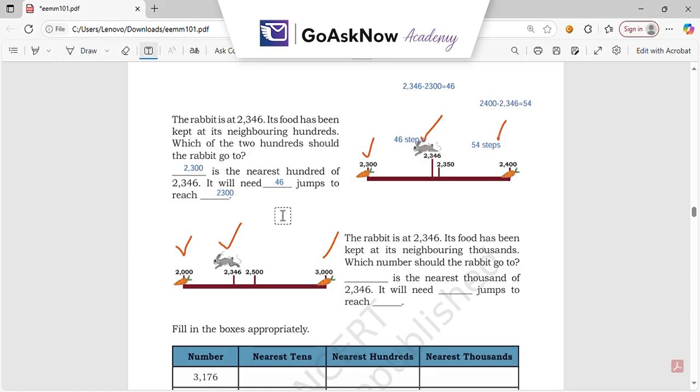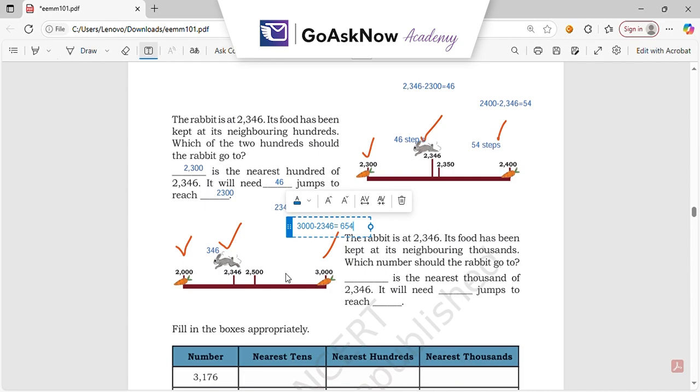Now let us calculate: 2,346 minus 2,000 is 346 steps. After that, 3,000 minus 2,346 is 654.